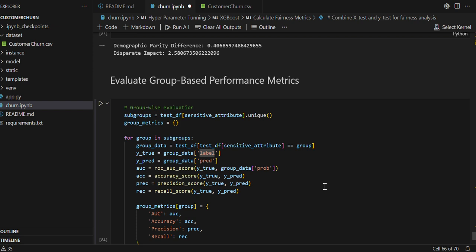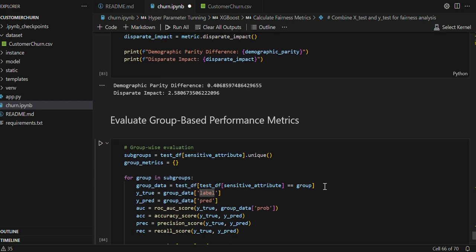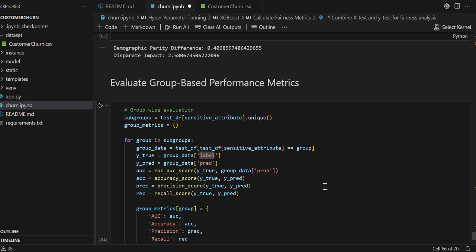All right. So for the privileged and unprivileged group, you can see the demographic parity difference is this, then the disparate impact is 2.56, something like that. To evaluate the group-based performance, the results are further down based on the different accuracies.